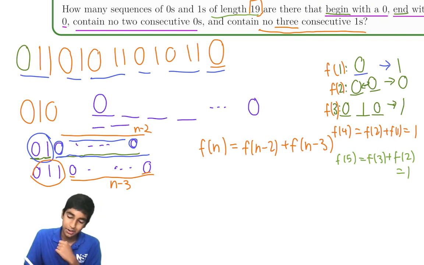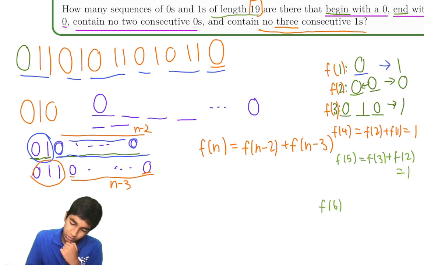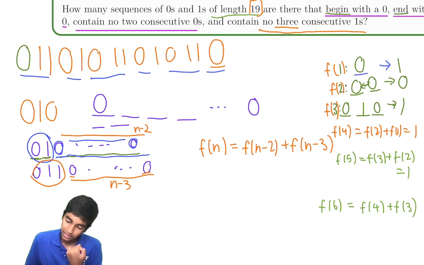Seems like a lot of 1s here. F of 6, well, f of 6, that's just f of 4 plus f of 3. F of 4 plus f of 3 equals 2. Oh, our first above one value. Okay.